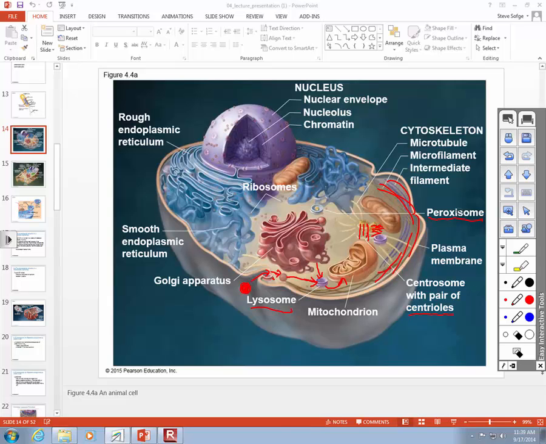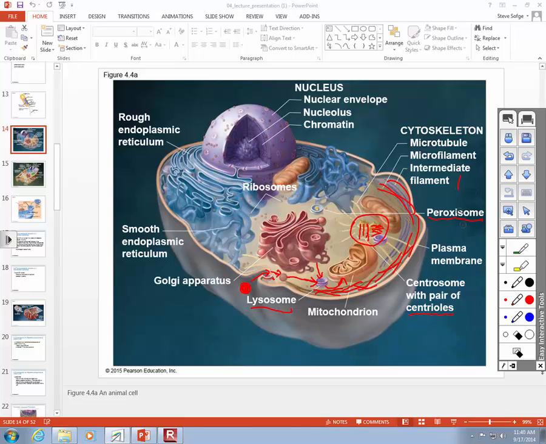What that does is help maintain the shape of the cell. Microtubules will form things like, as an example, the centrioles, those are microtubules, and some of the things that we'll get into at some point also will have microtubules in them, but we're not getting into those.